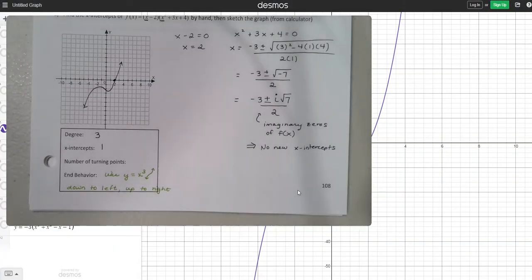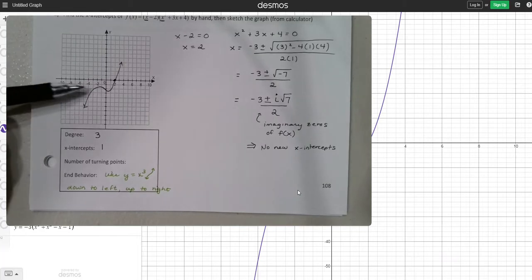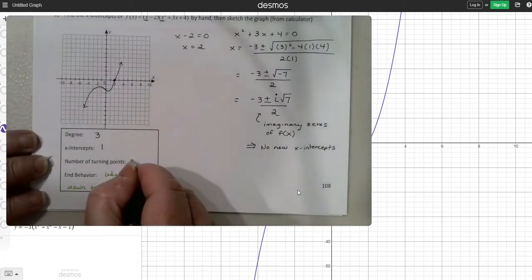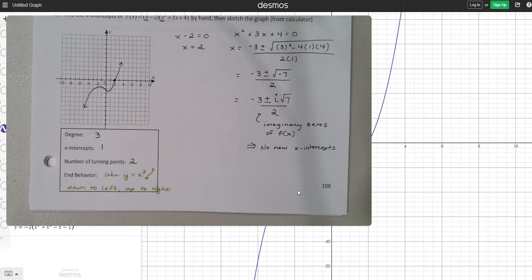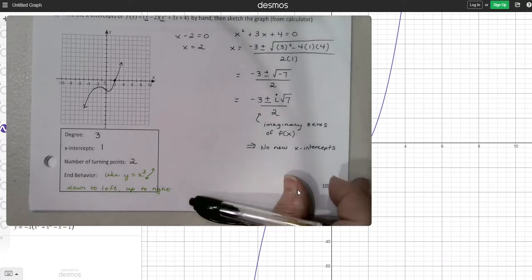There's my picture. Still two turning points, but because they were below the x-axis, they didn't contribute to the x-intercepts. All right, so that's kind of what can happen with the irreducible quadratics.